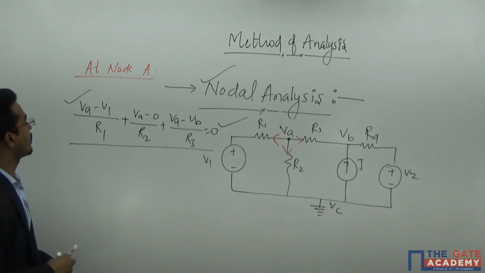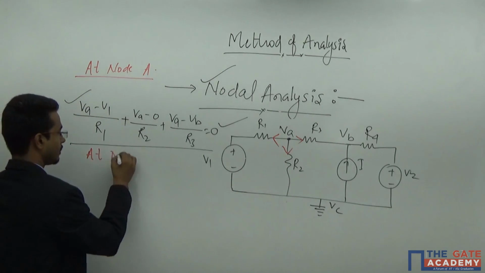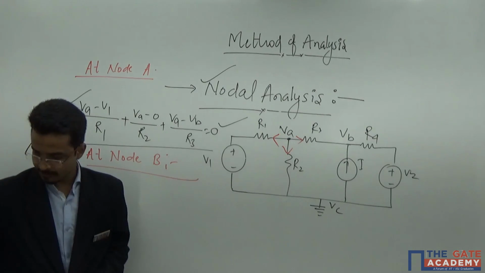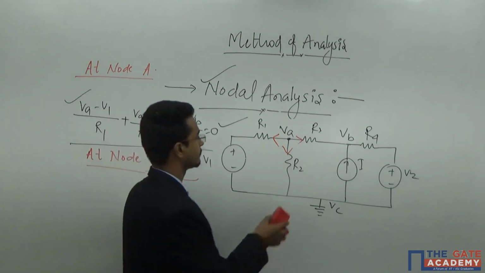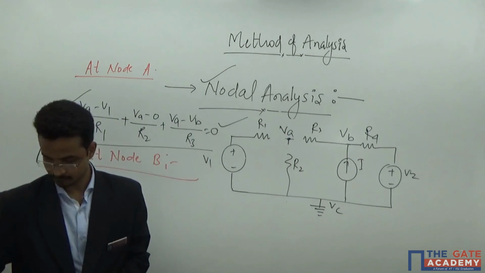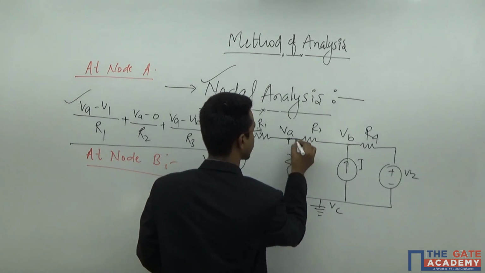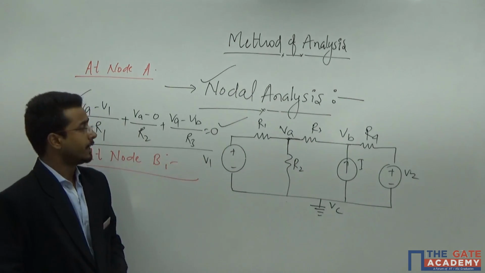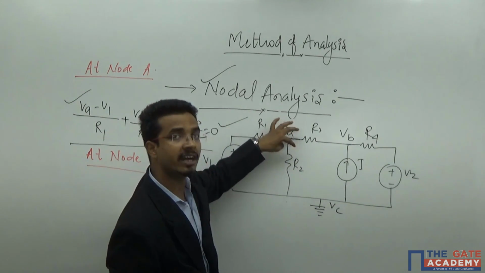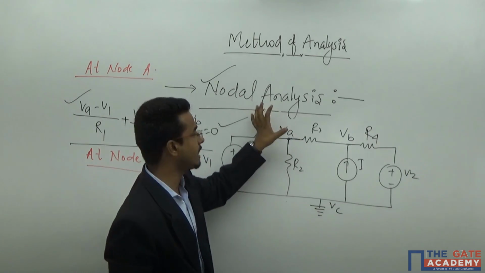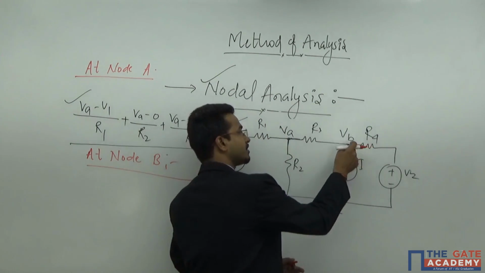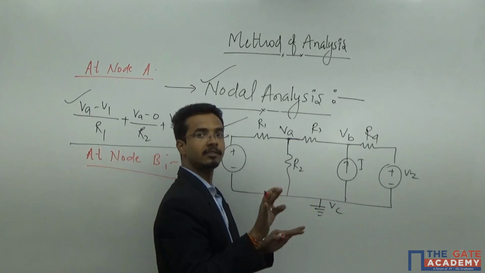Now we will write the equation at node B. When I write the equation here, I am not bothered about what current direction I assumed at VA, because again I have to assume that this potential, VB, is the highest potential in the circuit.